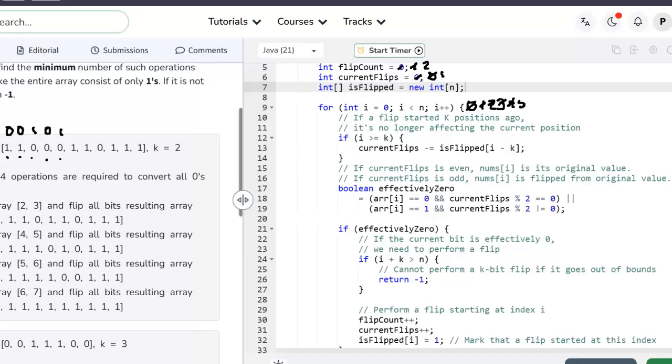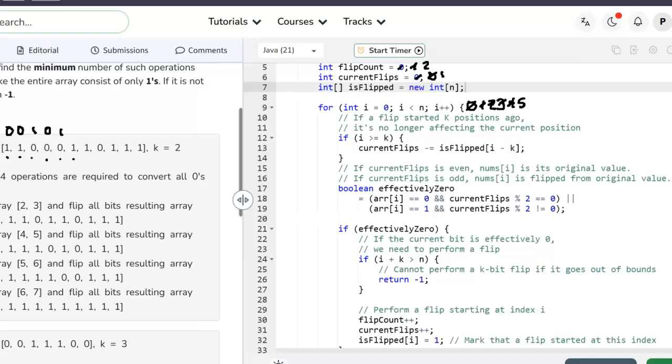Back up, we are on index 5, which is here. Okay. Yes, current flips is flipped 5 minus 2. Index 3 is 0, so that doesn't affect the current flips. Is this number effectively 0? It is, because it equals 1, and the current flips mod 2 does not equal 0.